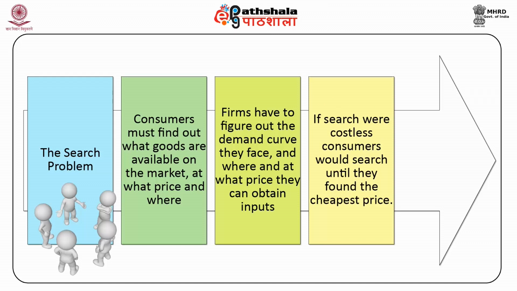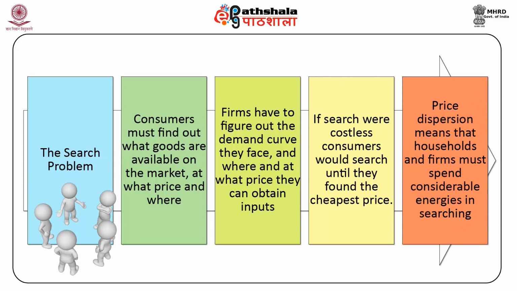If search were costless or information perfect, as in the standard competitive model, consumers would search until they found the cheapest price, and no store charging more than the lowest price on the market would ever have any customers.